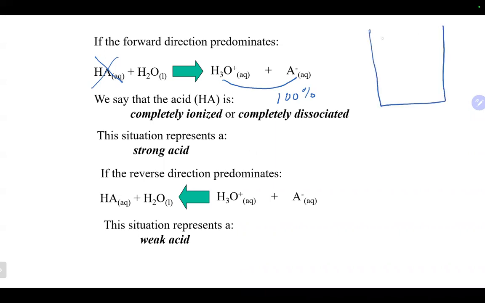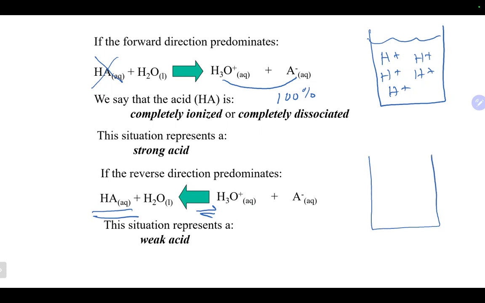Because of that, you essentially create a lot of free H plus relatively quickly, which is why it's considered a strong acid. If you have the other situation, where it's going back and forth and hanging out over here, like on the previous page, that is our weak acid.